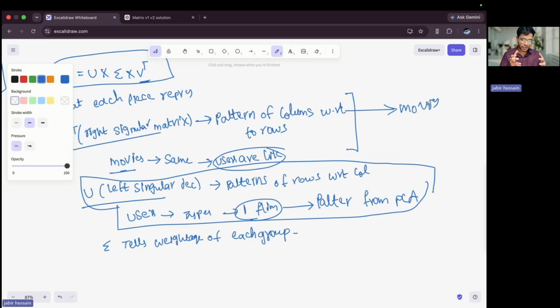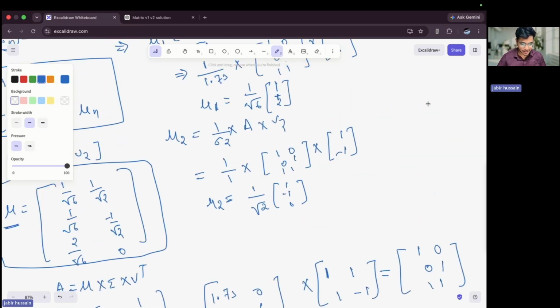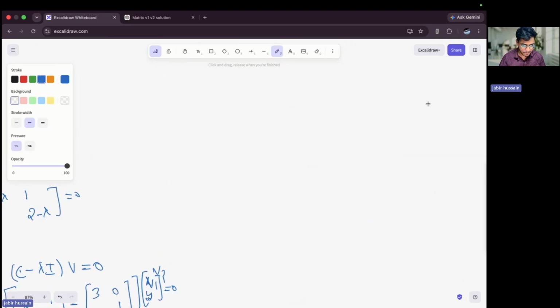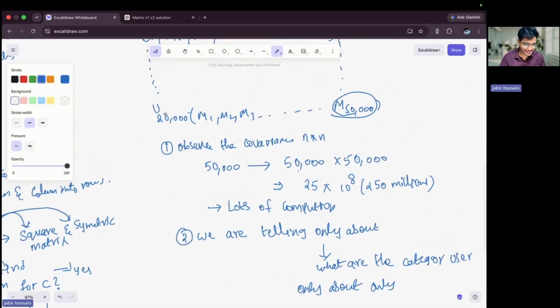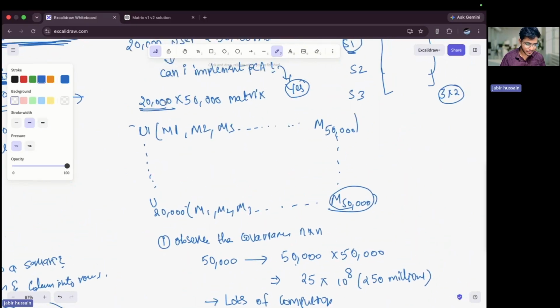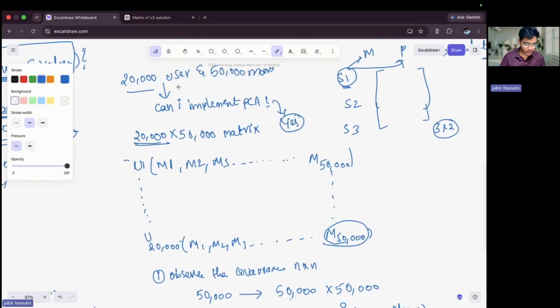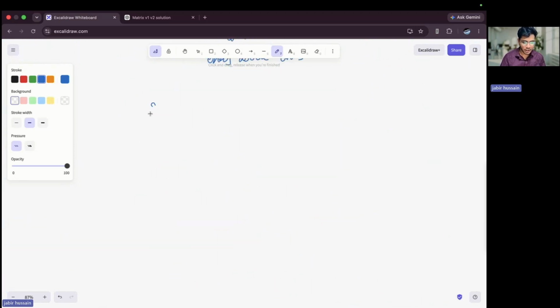So again, if I have to find it for movies, then I have to do all the operations again. Let me come back. So here, if I consider users as features and movies as points, then I will get a 20,000 cross 20,000 covariance matrix, and it tells about how movies are behaving with respect to users.